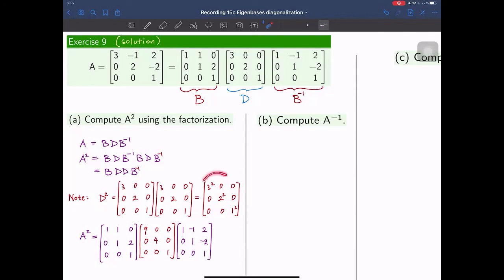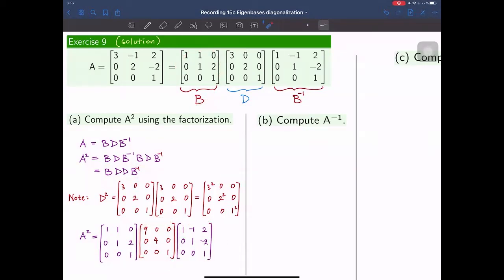We just get this matrix that is still a diagonal matrix where each entry is just the square of the original entry of D. And then using this formula, we can compute A squared as just this matrix B times D squared times B inverse.